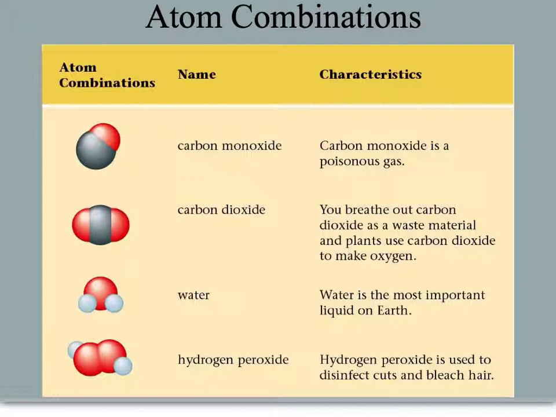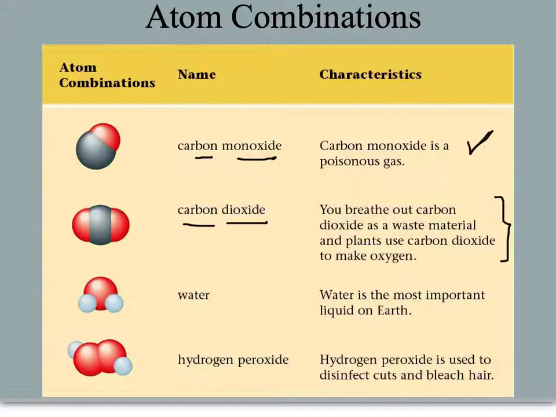For example, if one carbon atom and one oxygen atom combine to form carbon monoxide, we get a very poisonous gas. If two oxygen atoms combine with one carbon atom, well, this is a harmless gas, at least for humans, and a waste material that you're constantly breathing out. So a big difference one oxygen atom makes.